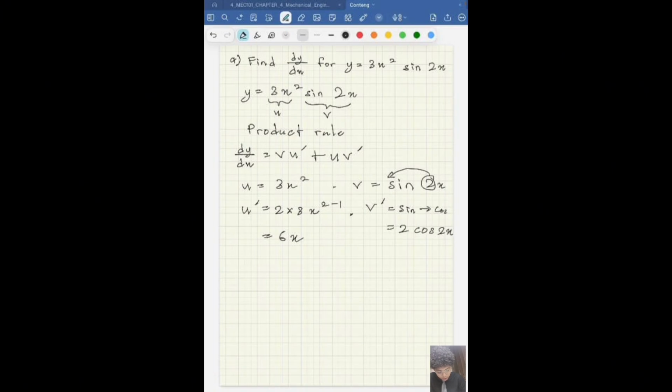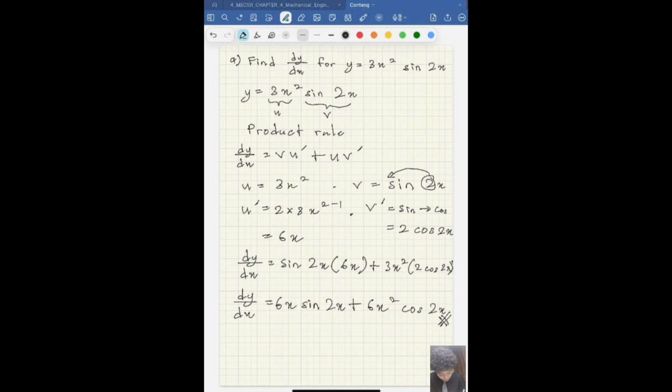And after we differentiate u, we need to differentiate v too. After differentiating, we will get 2 cos 2x. After we differentiate the two functions, we need to insert them into the formula. And after we multiply them, we will get the final answer.